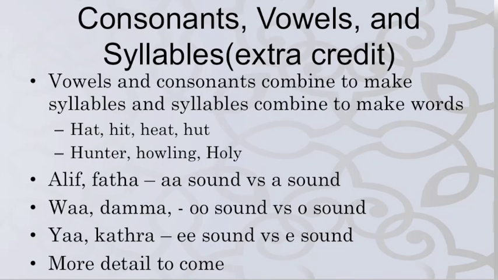The next word is ho and ly. Holy is another example, but it is an exception. Why? A, E, I, O, U are vowels, but Y is not. So why does H-O make ho, a simple syllable, but L-Y makes lee?